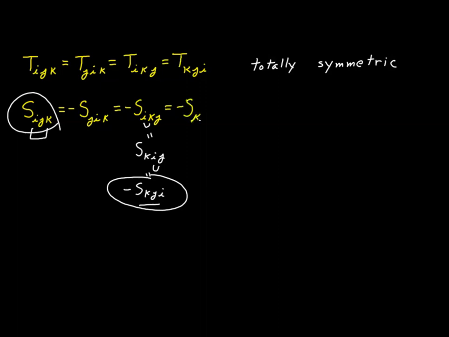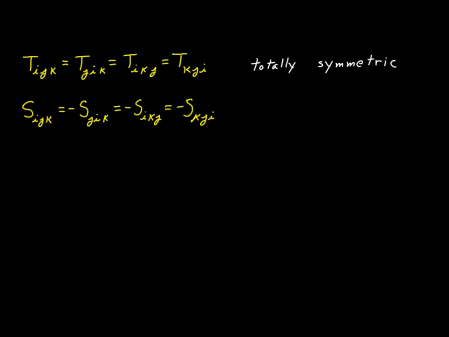So we'd have negative s_kji. All right, now any system such as this, in which we can flip any two indexes, causing the sign to change, is said to be totally anti-symmetric, or skew-symmetric.